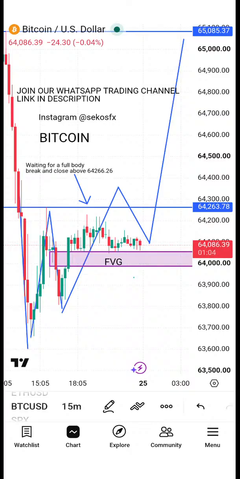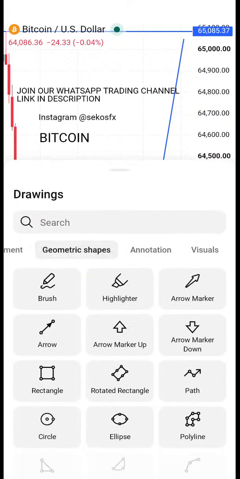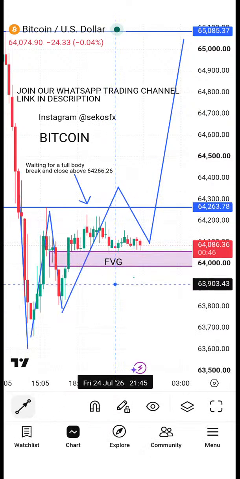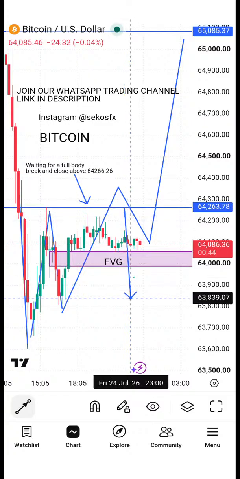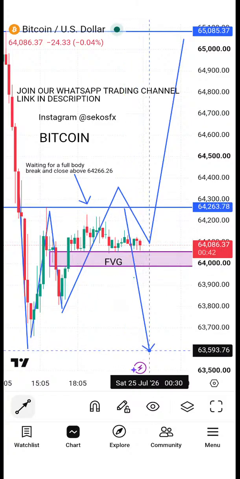But I honestly doubt that Bitcoin will break below this area.